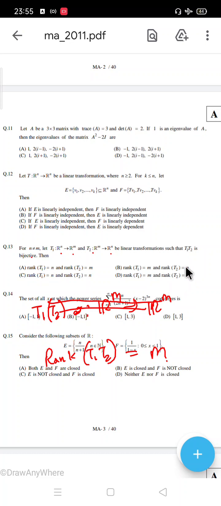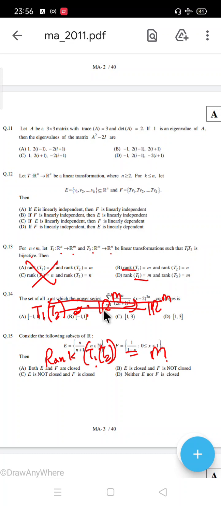That is not a multiplication, because I cannot multiply both. That is not possible, so that is composition. So the rank of T1 you can say is m. If the rank of T1 is m, so what is the rank of T2?